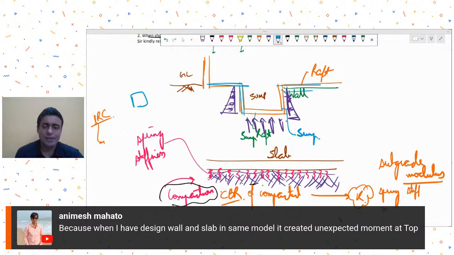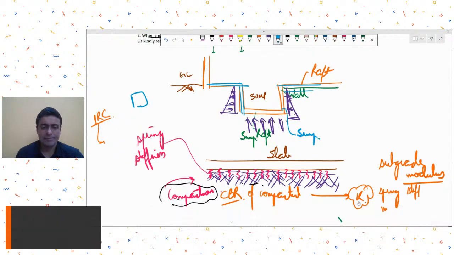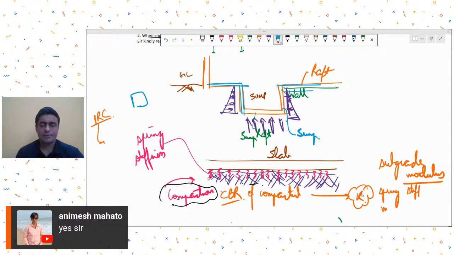But if your sump is a large area, then it is better that you model everything together to get the correct picture. Shall we design the wall and base slab together? Yes, same model. Do it in the same model.